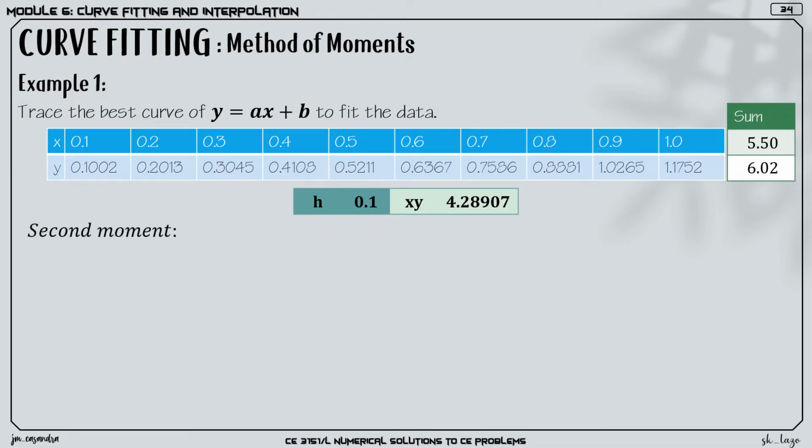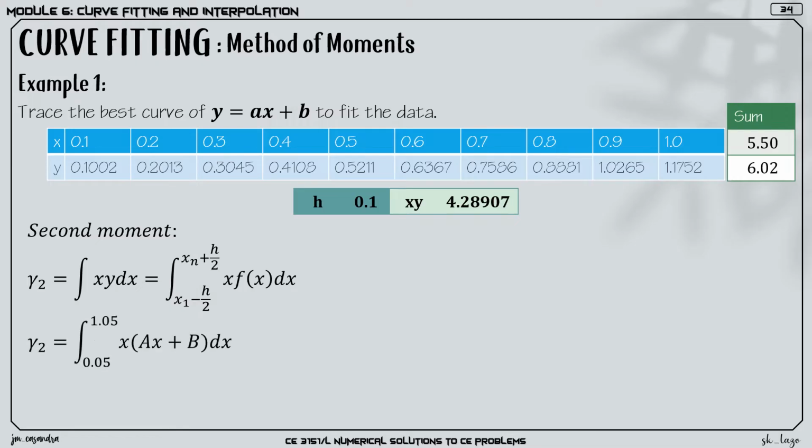For the second moment, that is now equal to gamma sub 2 equal to the integral of xy dx. So substituting the value of x sub n, h over 2, and f of x, we arrive at the following equation. Gamma sub 2 is equal to the integral of x times ax plus b dx from the lower limit 0.05 to upper limit 1.05.